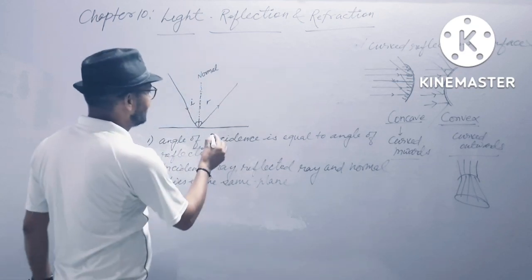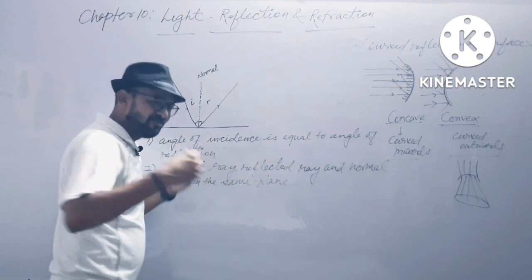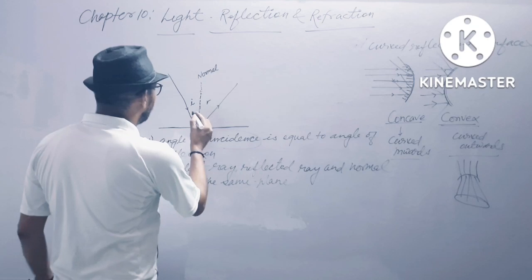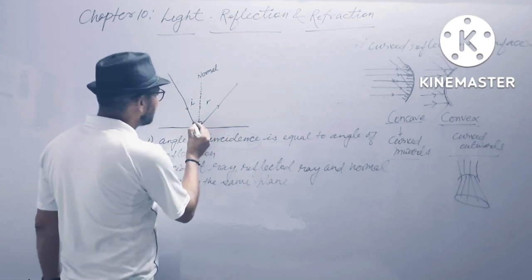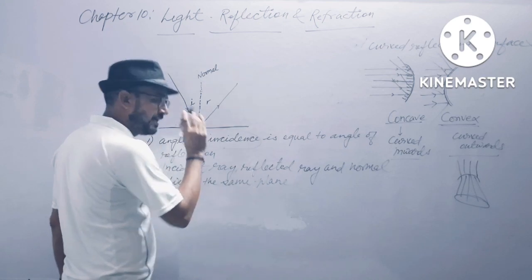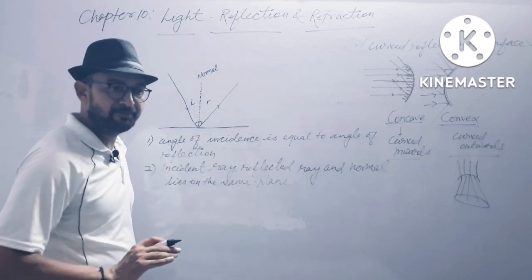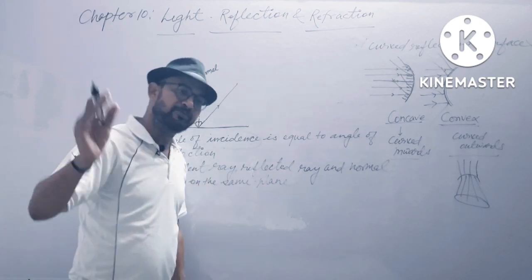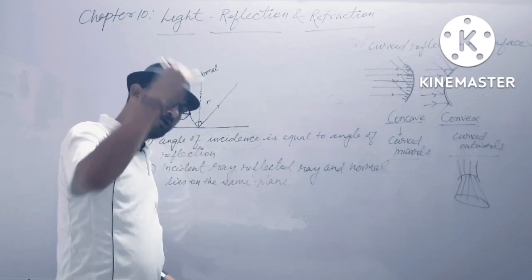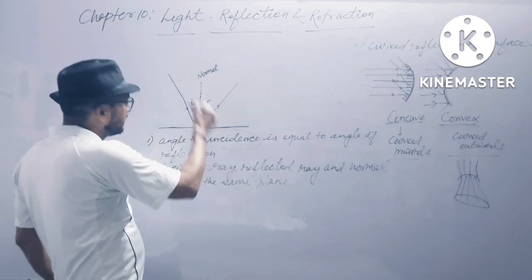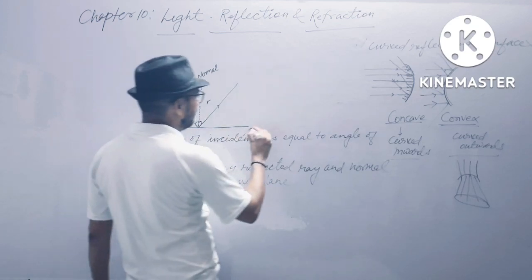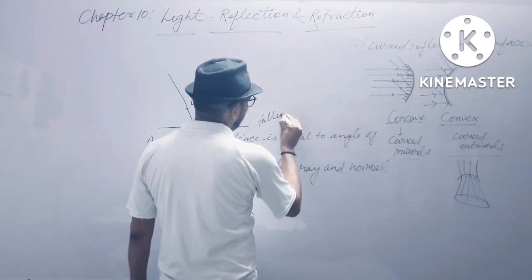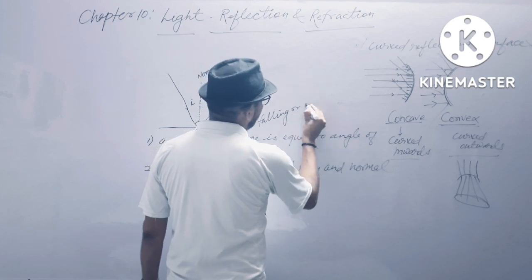Now what is incidence? Incidence, very simply, is the falling or striking of a ray at any given point of any given object. The fall of the ray, the striking of the ray, is called incidence.